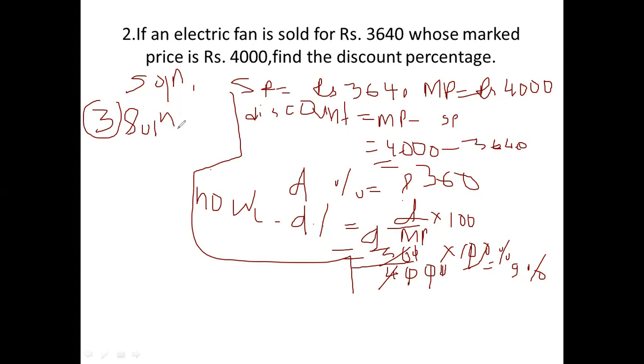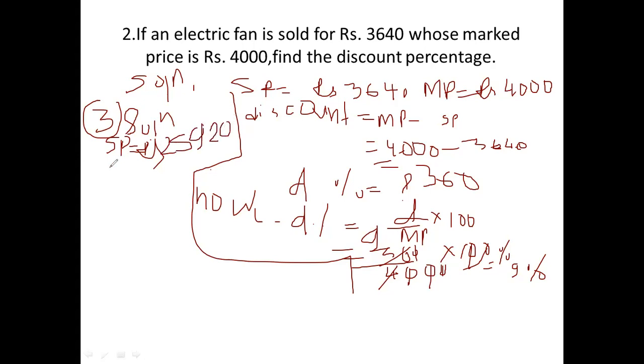Discount percent is given, and it is asking to find MP. Selling price is given there. How much is given there? Selling price is 25,920.